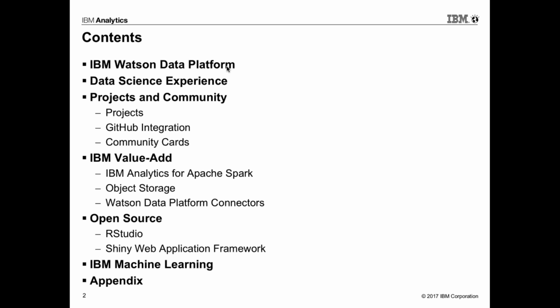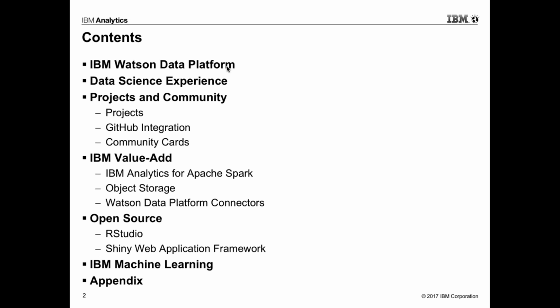With Watson Data Platform, there are so many things that data science developers can achieve when it comes to fulfilling a visualization need, a reporting need, or building predictive models, or even going to the deepest level of analysis.